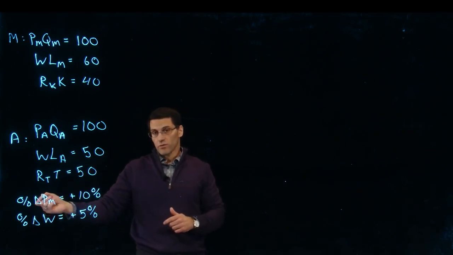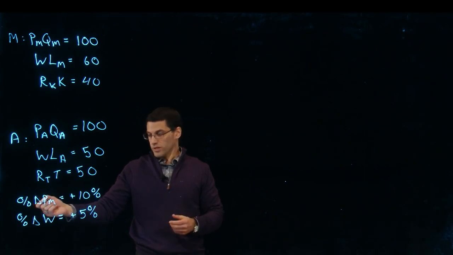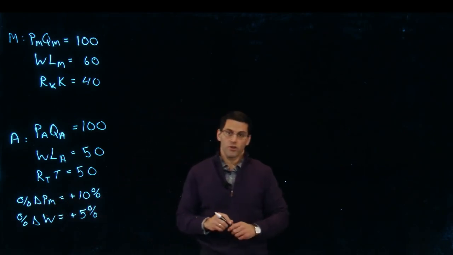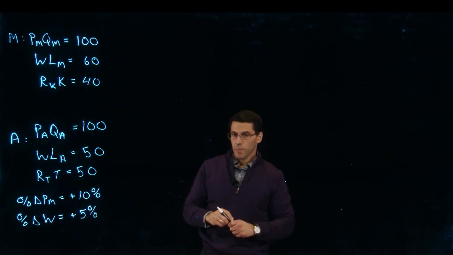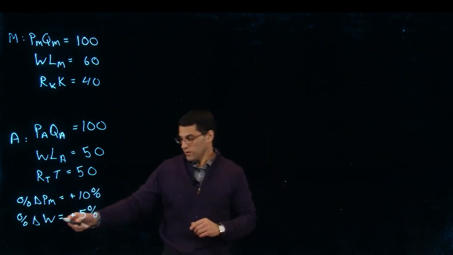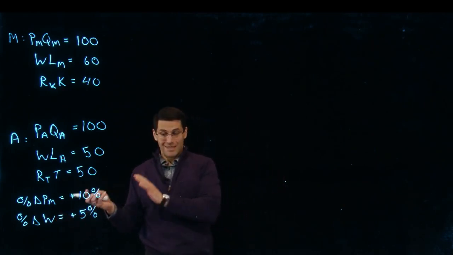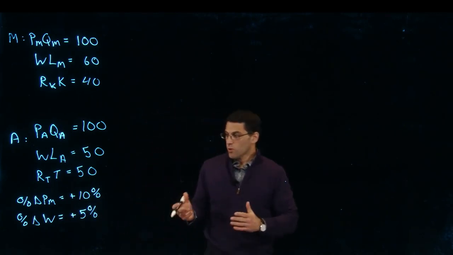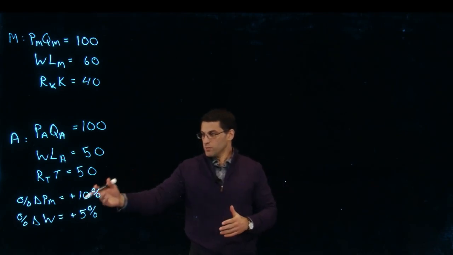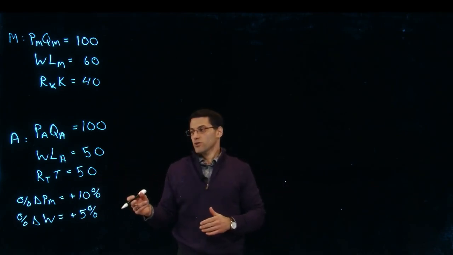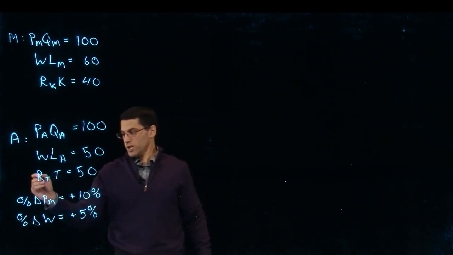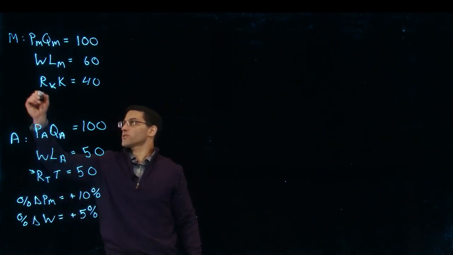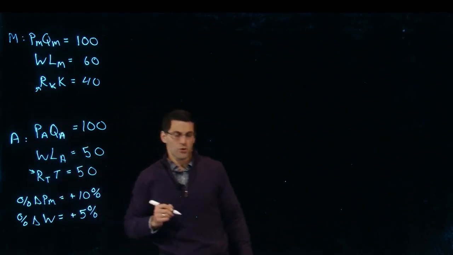Consistent with the example we just did graphically, the price of manufactured goods goes up by 10%, and the wage goes up by less than that, so plus 5%. We can use these pieces of information to solve for the change in the two rental rates. So how do we get there?